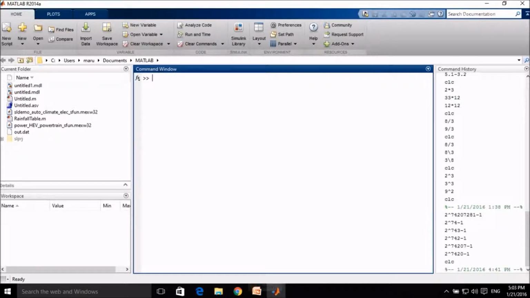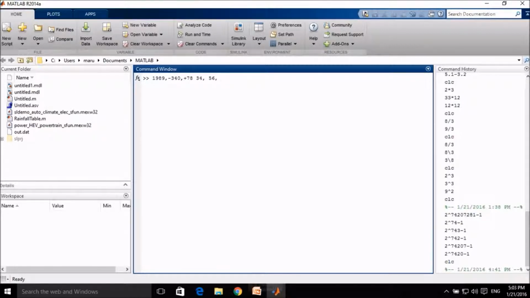Valid integers are 1989, minus 230 or 240, plus 78, or 32, 34, 56.